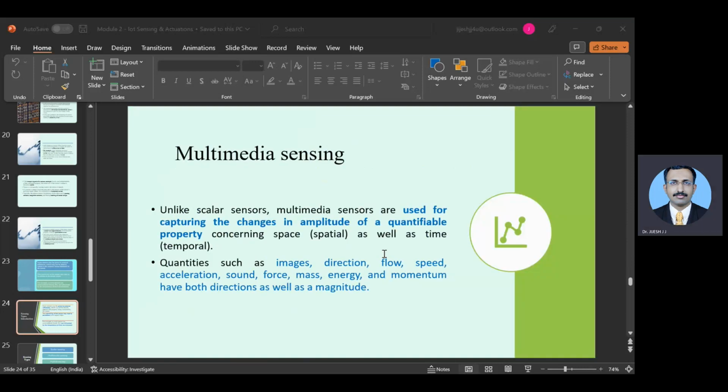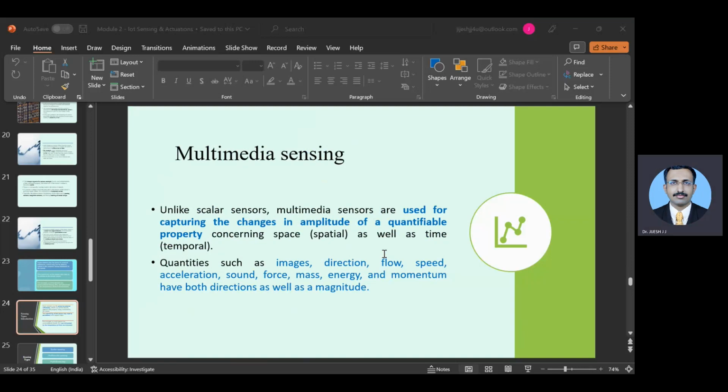Multimedia sensing: what is it? Two different things at the same time. Water temperature activity, yeah, so multimedia is not there. Your photos, videos, and all those images.